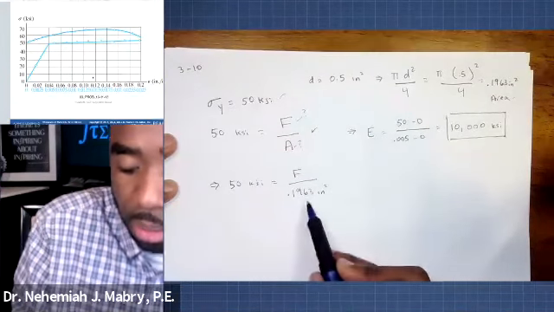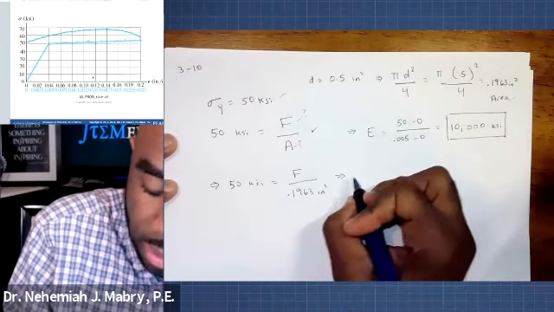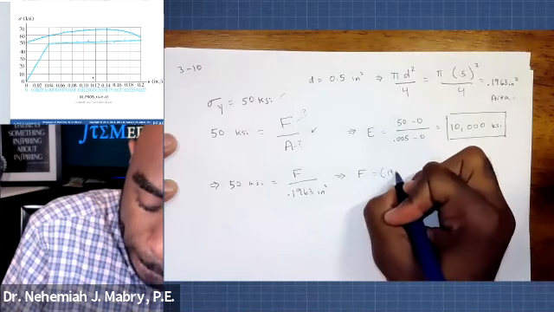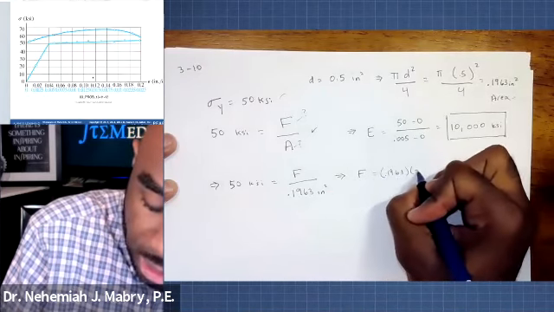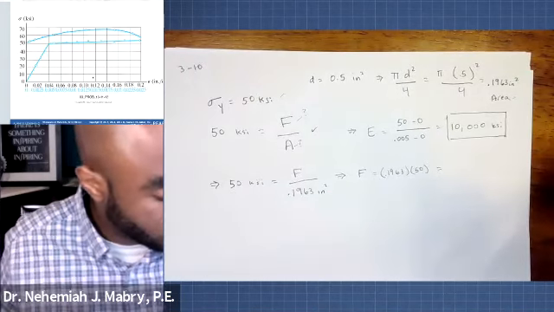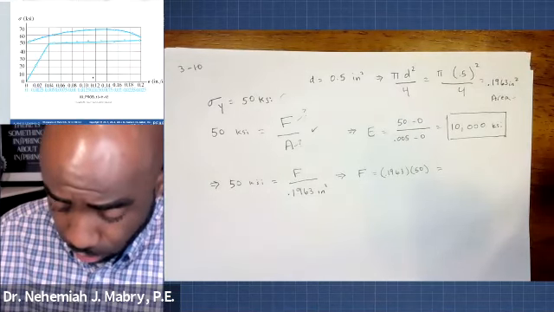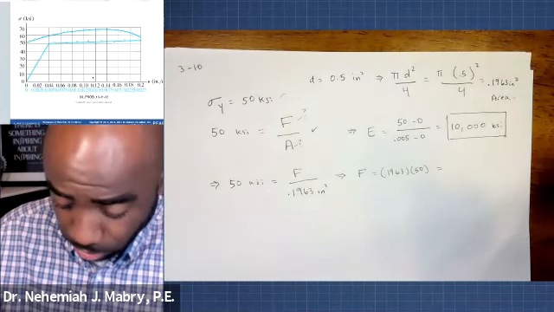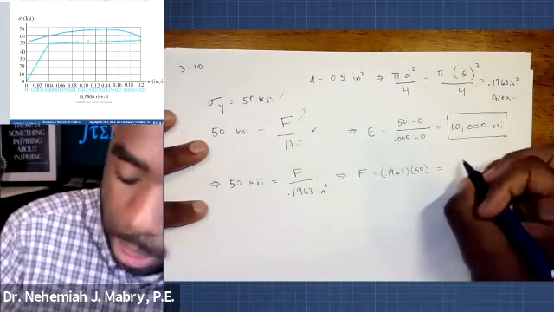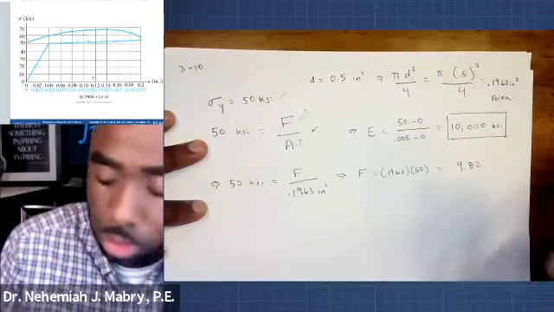Let's do algebra, because in order to solve for F, all we do is multiply that by both sides. So F in this case should be 9.82.